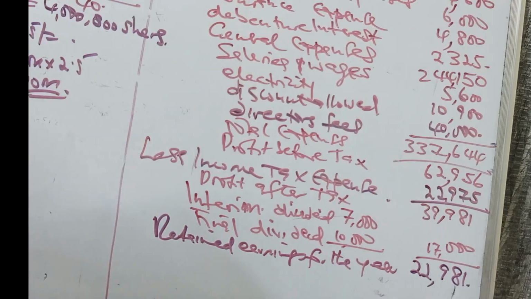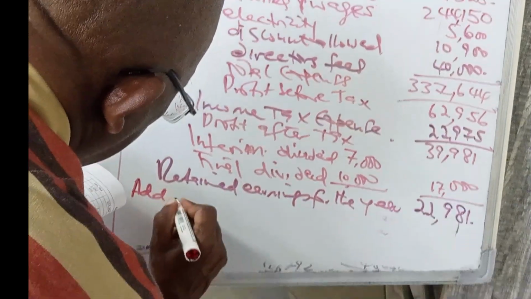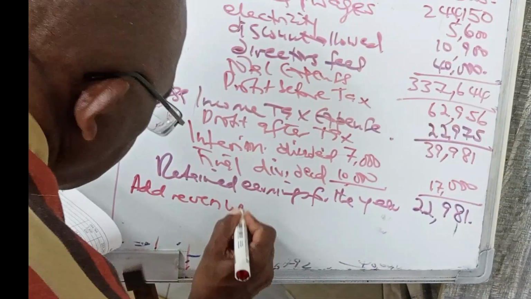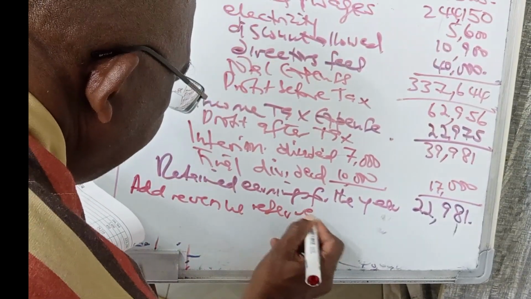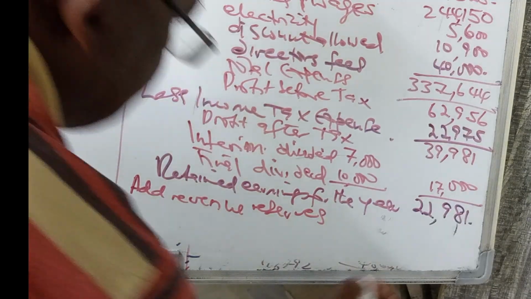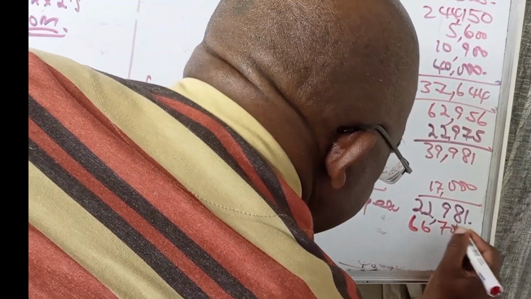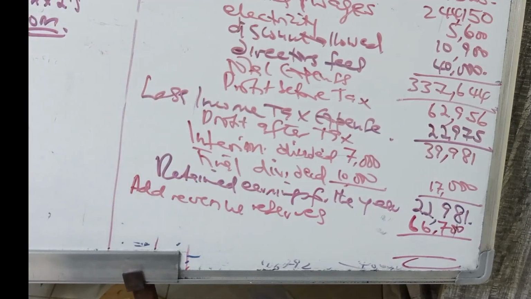So if you look at your trial balance, you find revenue reserves. So add revenue reserves, 66,700.